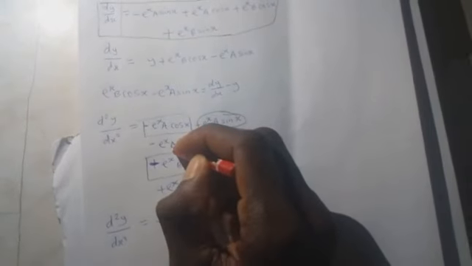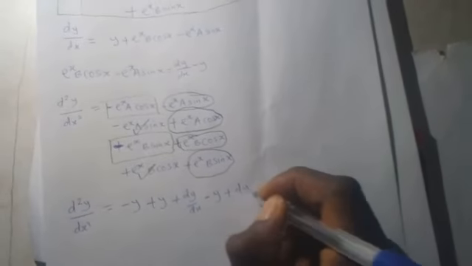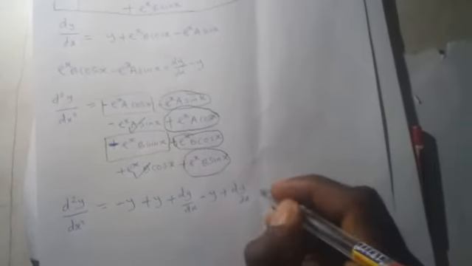Now I have positive dy/dx minus y. Again I have this positive exponential x b cos x, negative exponential x a sin x. These two will marry each other, instead of expanding the whole thing. So I already know that is another what? Positive dy/dx minus y.